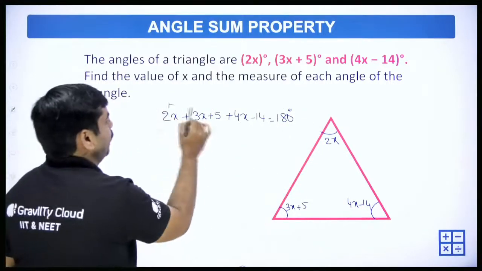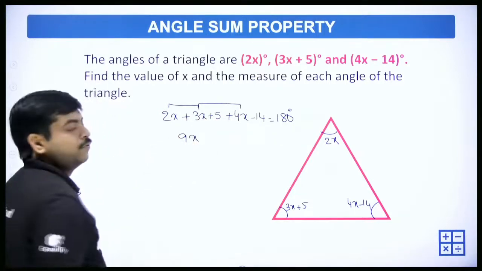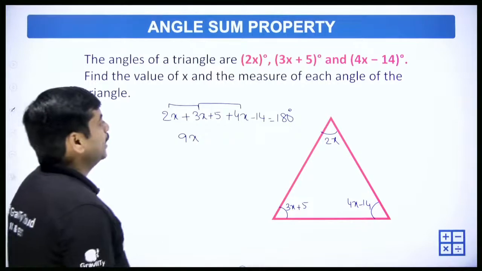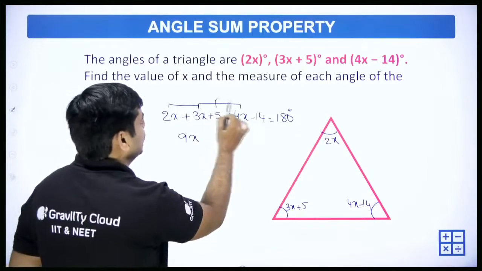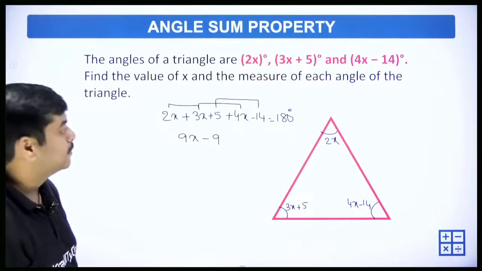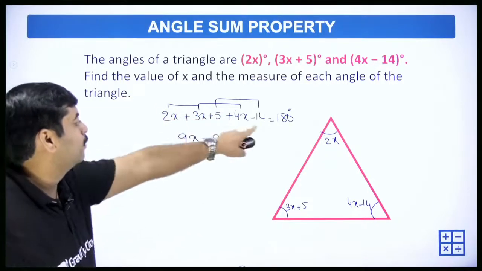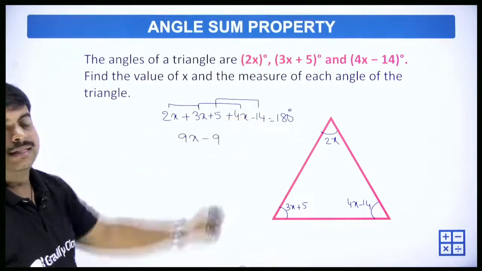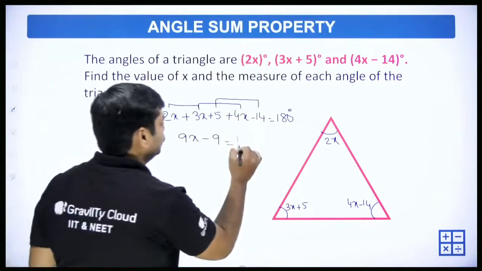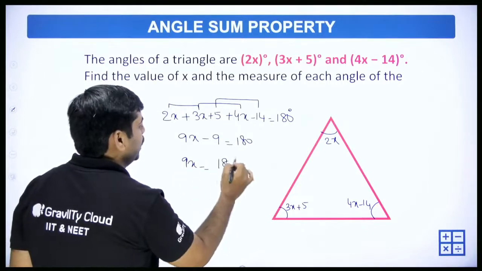2 plus 3 is 5, 5 plus 4 is 9, so 9x. 5 minus 14 is minus 9. So 9x minus 9 is equal to 180. You will get 9x equal to 180 plus 9, which is 189.